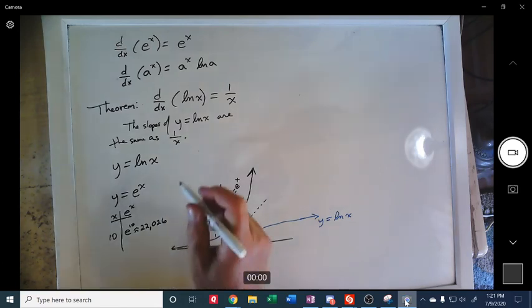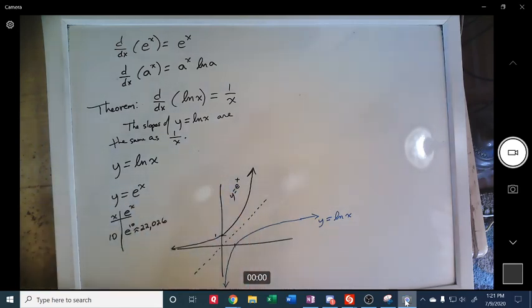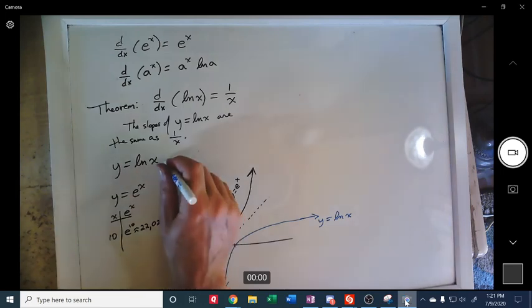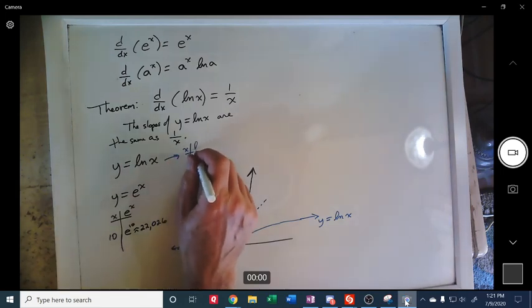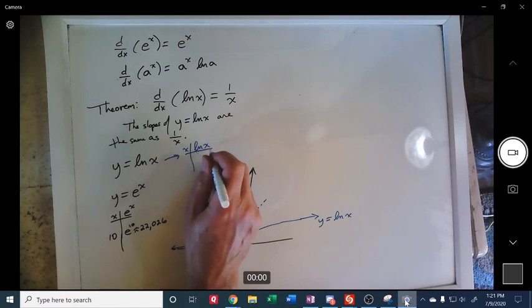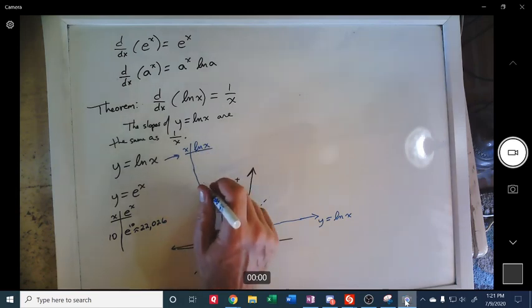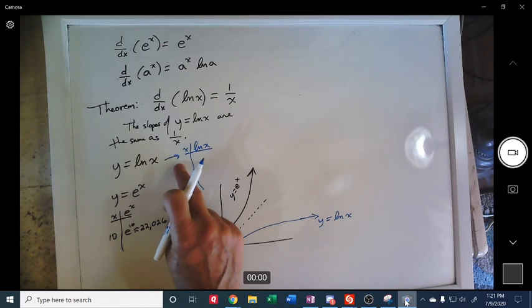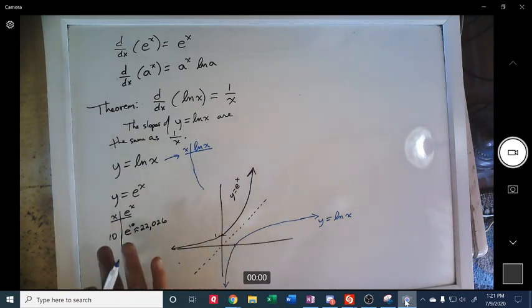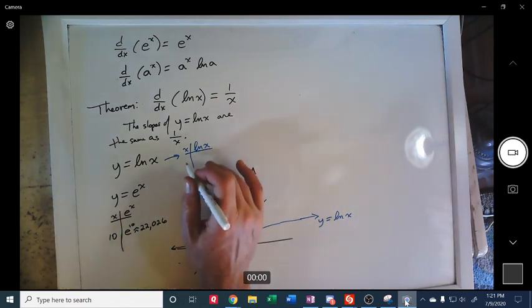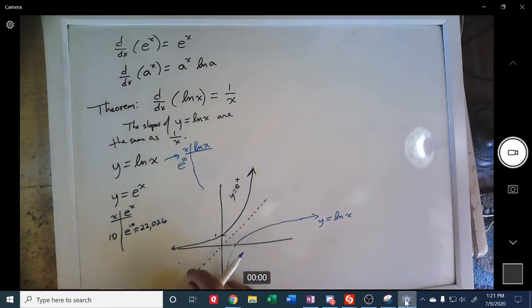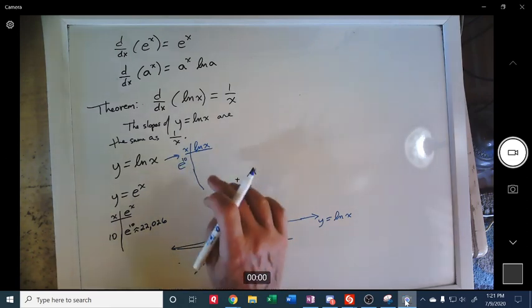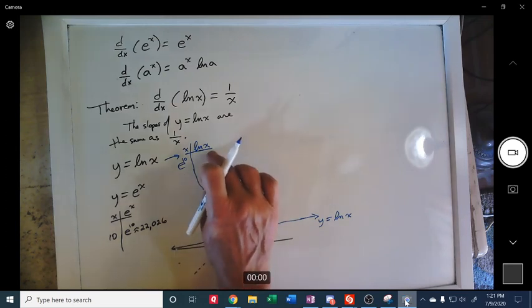Now, on this function, y equals ln x, I told you whenever you have the inverse function, it's the same as just flipping these values around. So e to the 10th would go over here. And then you'd get the ln of e to the 10th.